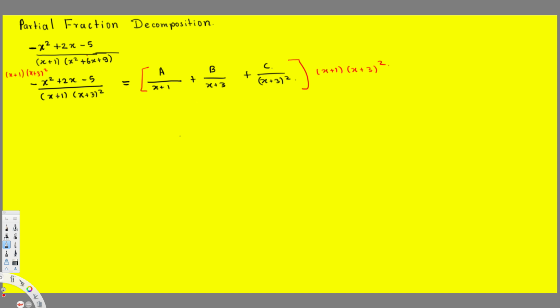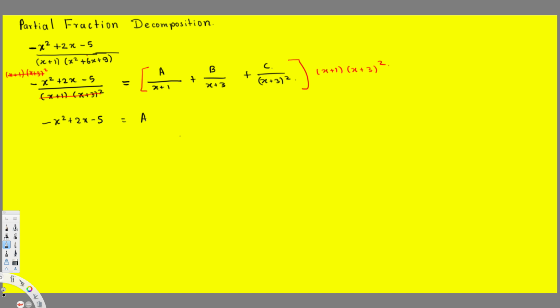If I multiply this side, this will get cancelled, and we are only left with this one. So the new one is going to be minus x squared plus 2x minus 5, and on this side the denominators are cancelled.